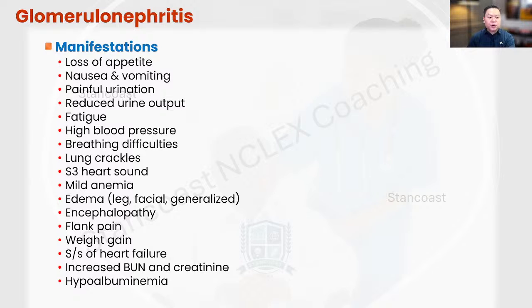Now, another is urinary changes. What are these urinary changes that we are going to see in a patient? Well, these are going to be the hematuria and also excessive foam. Have you seen this kind of urine output in a patient with a renal failure or a person with glomerulonephritis? Have you seen this one? Like a foamy, brownish colored urine. It's like one of those frothy iced tea, cola colored urine.